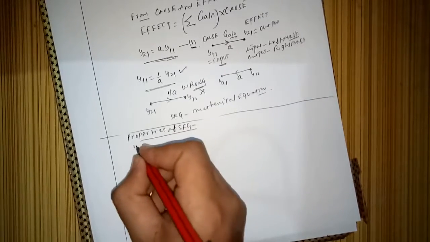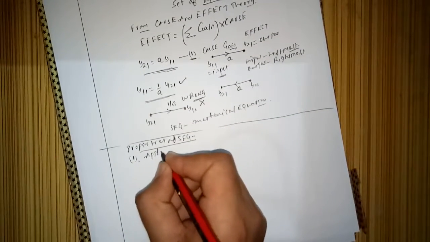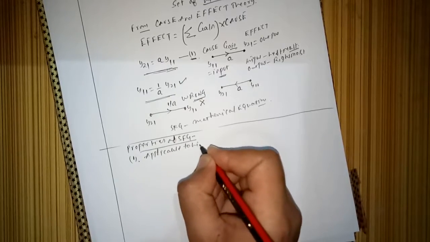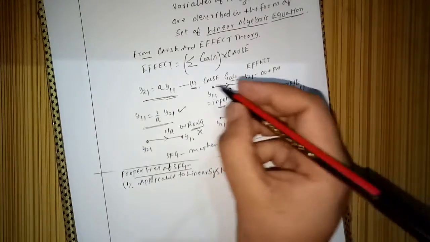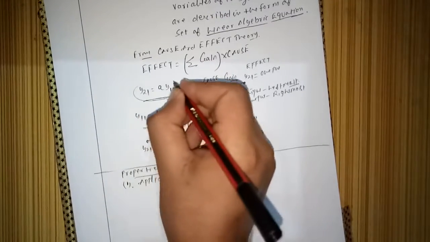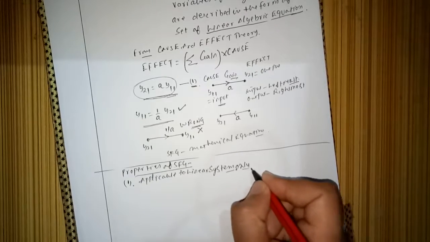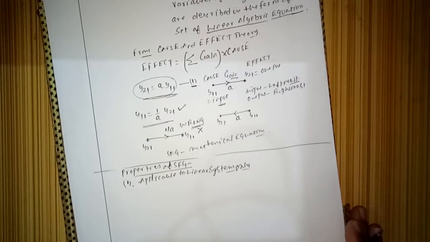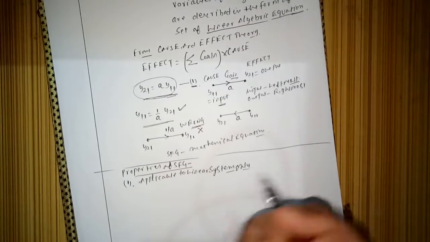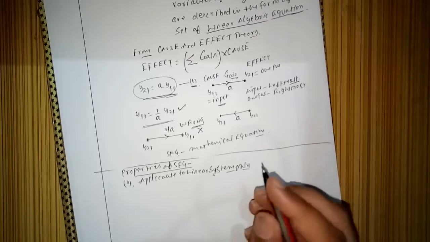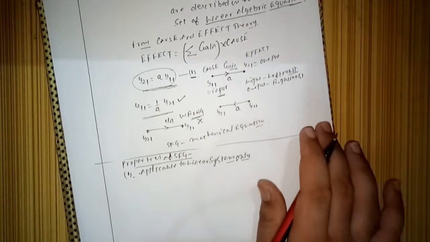First, it is applicable to linear systems only, because we have seen that we require only linear equations. If a system is not linear, then it is not possible to describe that system in terms of linear equations, and if we cannot, then it is not possible to obtain the signal flow graph of that system.